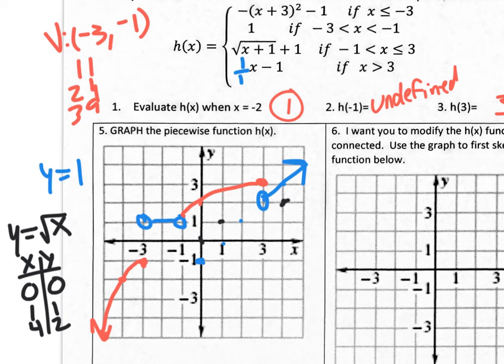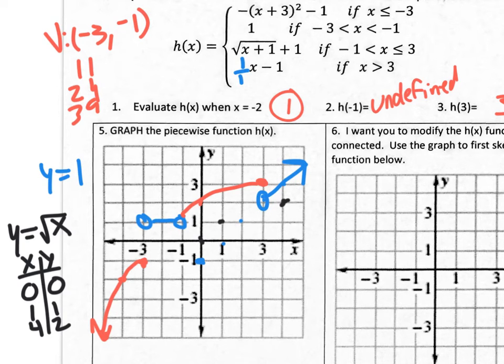So we have this 4-piece piecewise function, and I also want to mention that there's a gap right here, and that there's a gap over here, and there's an open dot right here. So this open dot, what that means, if we go back to number 2, it says if you plug in -1, your output's undefined. Because if you go to -1, there's a big hole right there.